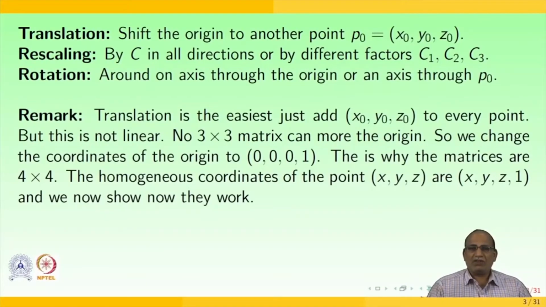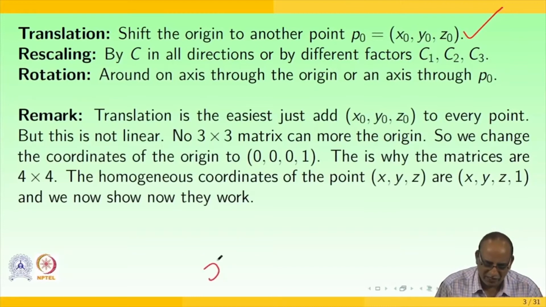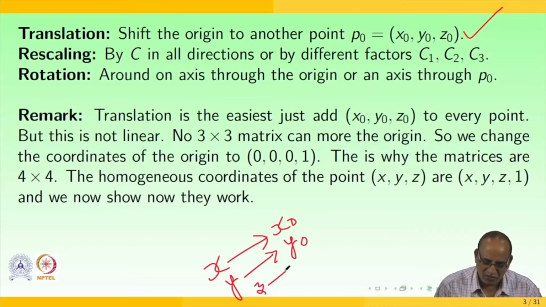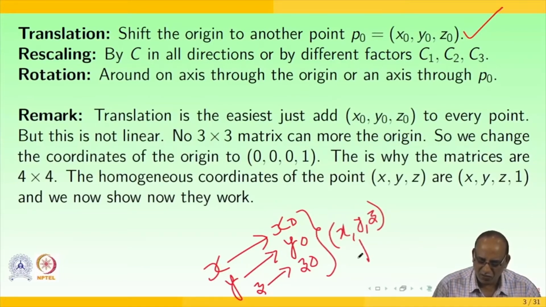The foremost one is what we call translation. That is, shift the origin to another point P0, that is x0, y0, z0. That means the x coordinate value is x0, the y coordinate value is y0, the z coordinate value is z0. So x, y, z will be mapped to x0, y0, z0.